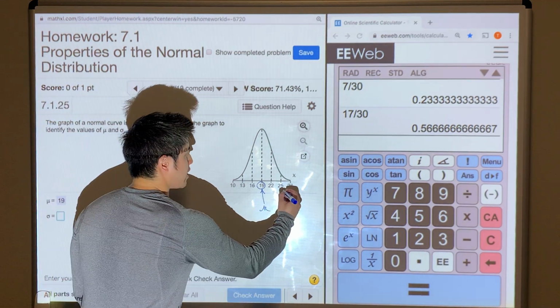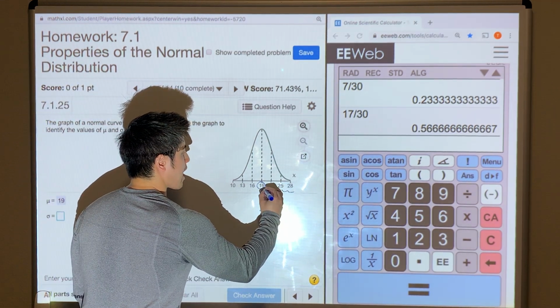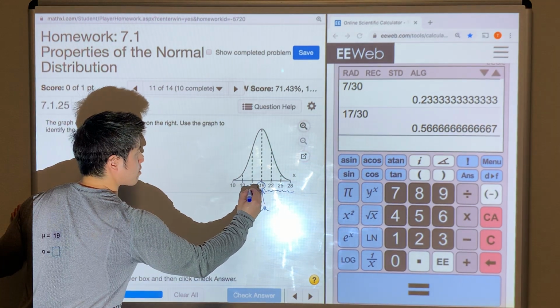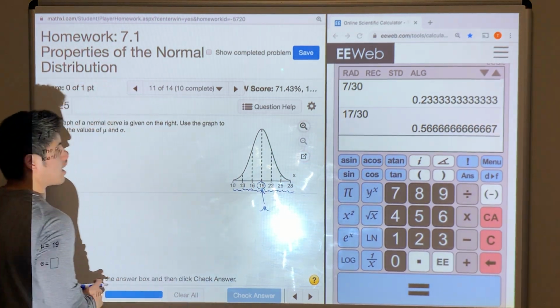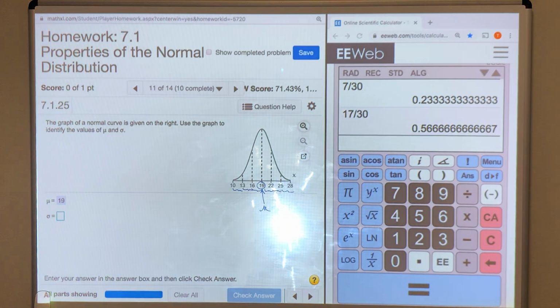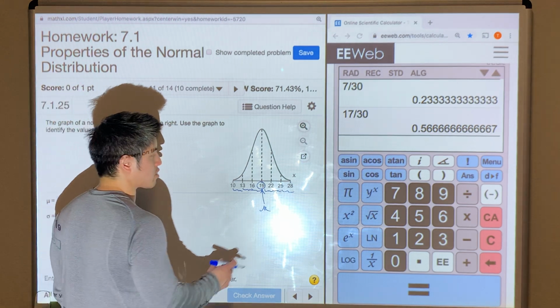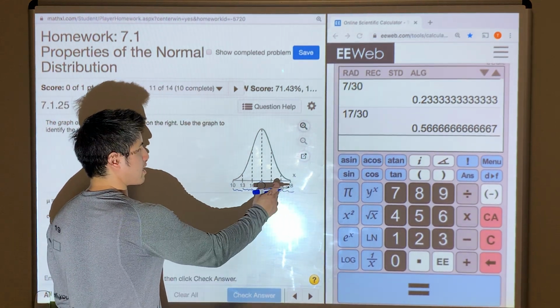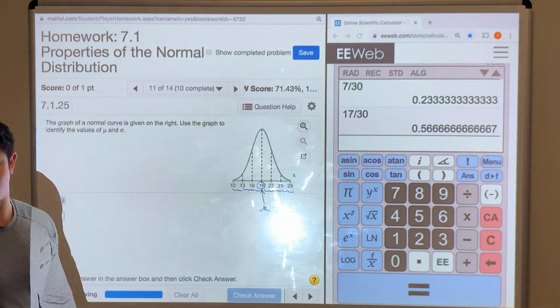So all of these should have the exact same spacing, and that exact same spacing should be symmetric on both sides of the mean on this bell-shaped normal curve. And so our standard deviation should be the exact same increments all the way through. What is that? Well, you could subtract any one of these pairs and it would give you the answer.